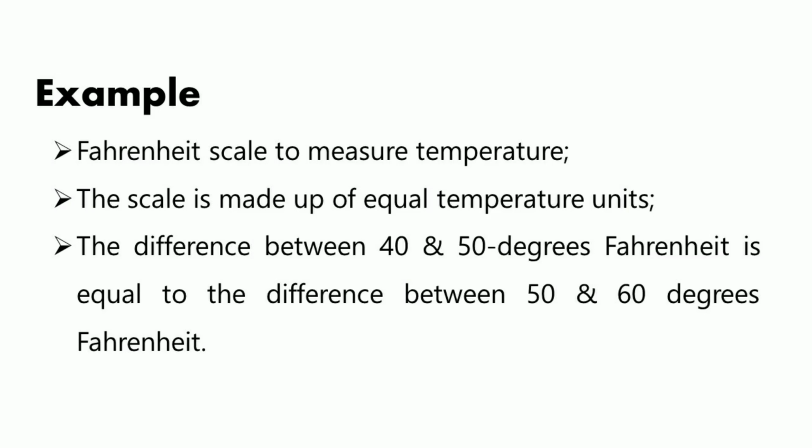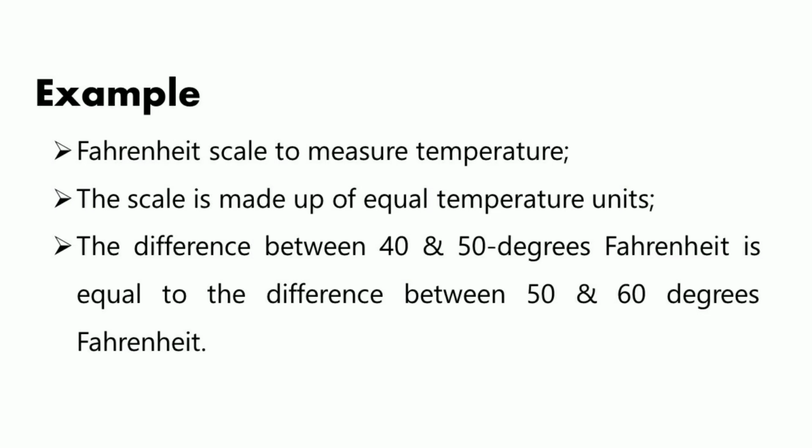A perfect example of an interval scale is the Fahrenheit scale to measure temperature. The scale is made up of equal temperature units, so the difference between 40 and 50 degrees Fahrenheit is equal to the difference between 50 and 60 degrees Fahrenheit.